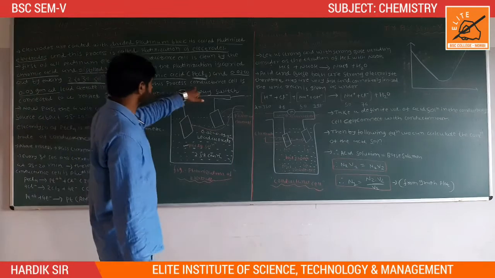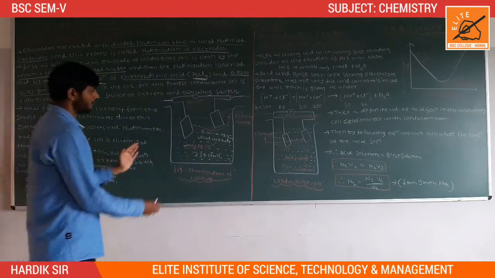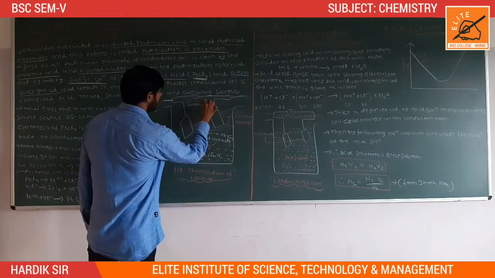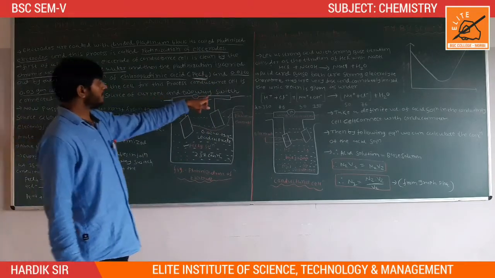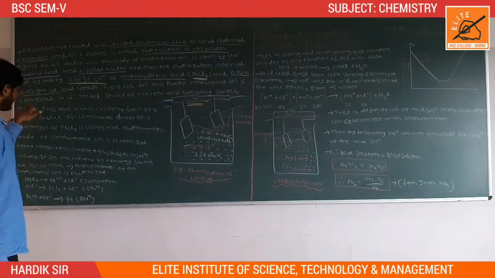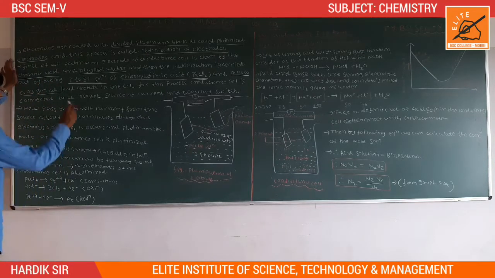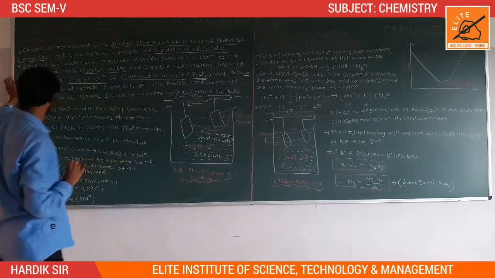Now for this process, the conductance cell is connected to a rheostat. The source of current and the two-way switch are connected to the rheostat. See in the figure.